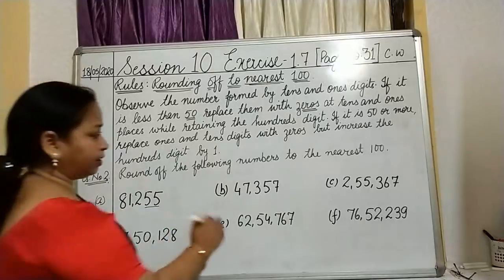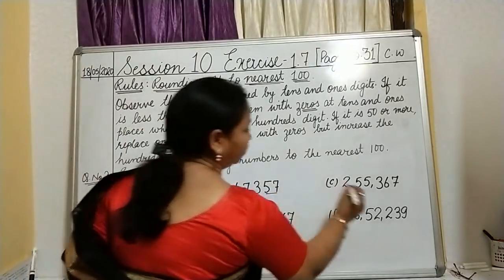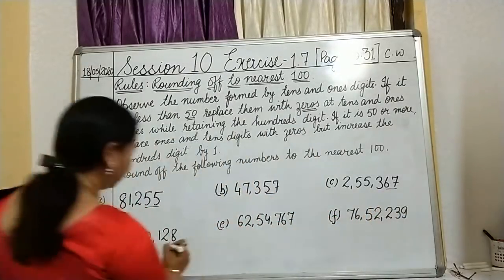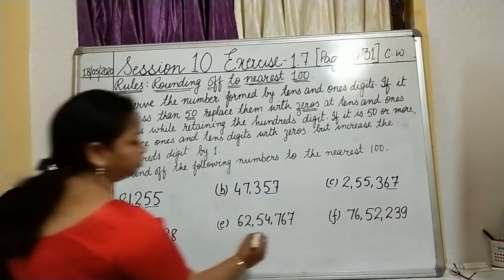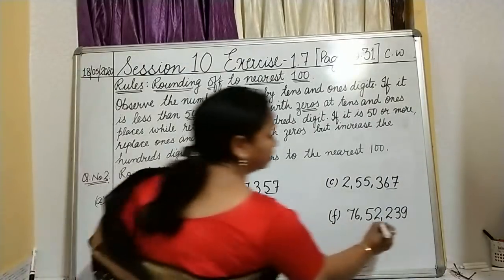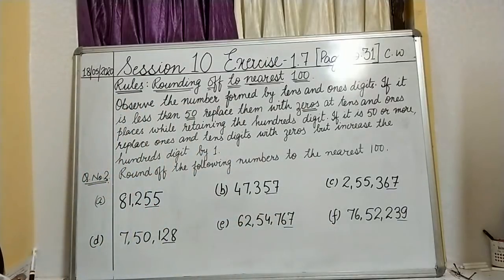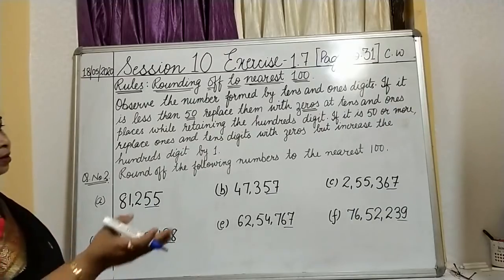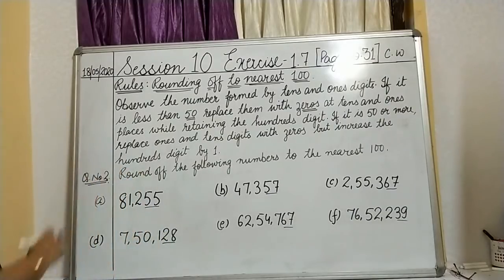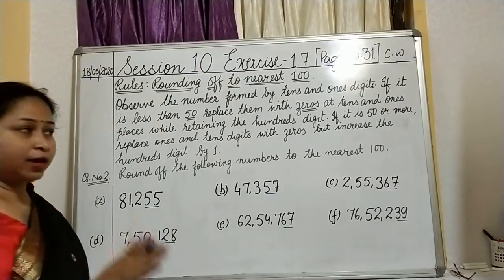First we will underline. 57 over here, 67 over here, 28, 67, 39. Doing it along with me? Good. Underlined? Okay. Now we will read the rule. If it is less than 50, replace them with zeros at tens and ones.